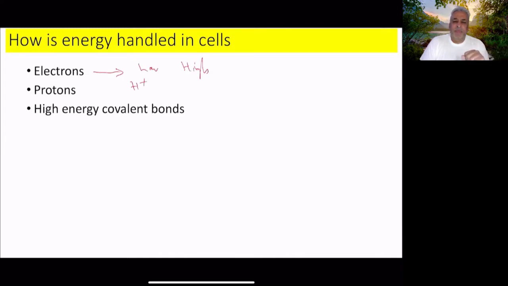And finally, the alternative is to form high energy bonds between molecules. And these bonds come in different strengths, and some bonds happen to have more energy stored inside them than other bonds.